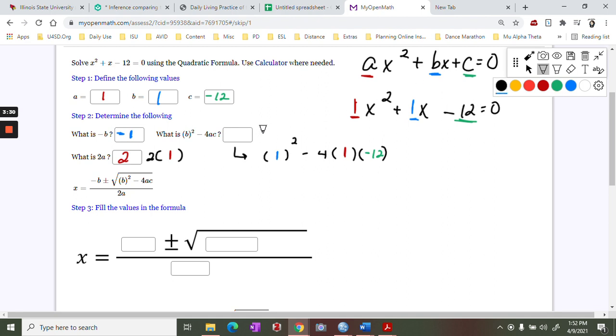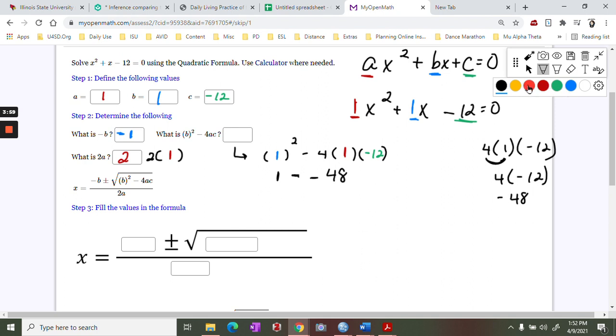So when I do this calculation, 1 squared, 1 times 1 is 1, 4 times 1 is 4, and then 4 times negative 12, so let me do this over here. So 4 times 1 is 4, and then 4 times negative 12 is negative 48. So I have minus negative 48.